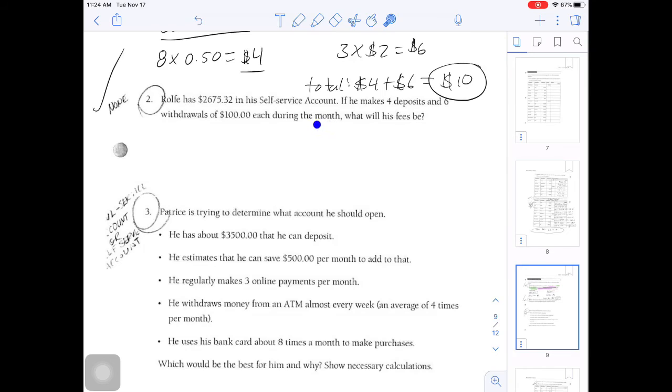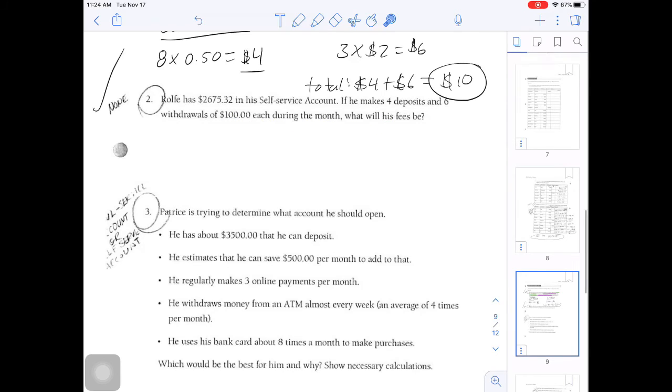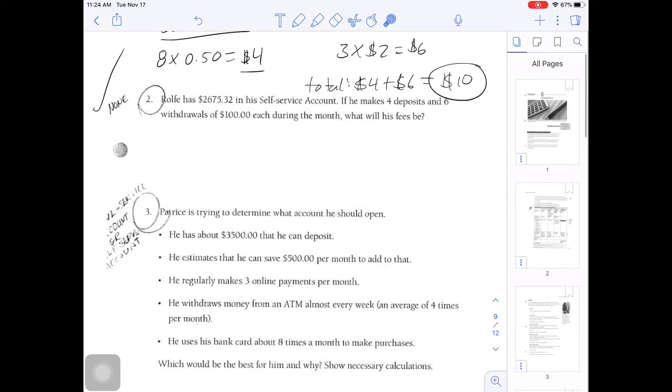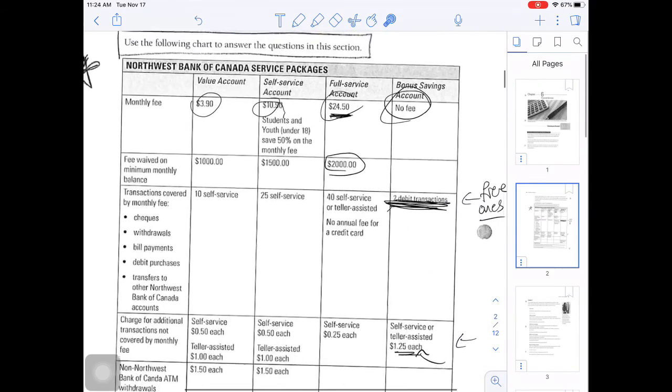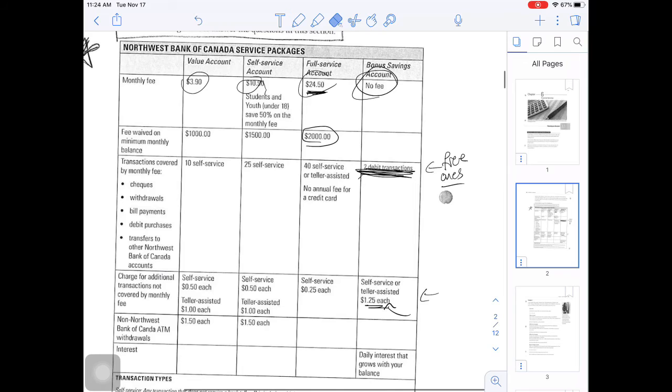Okay. So let's go see what the self-service account looks like. So it looks like for our self-service account, we're looking right here, that it costs $10.90 for a monthly fee. Students and youth under 18 save 50% on the monthly fee.